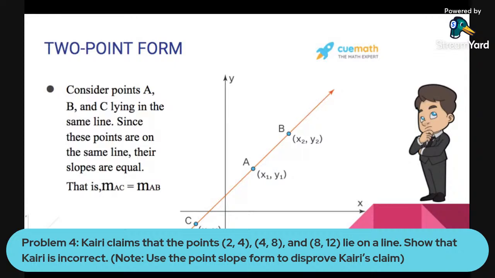Now, for you to prove or derive the two-point form, just take note that the slope of segment AC is equal to the slope of segment AB. Okay? Kasi nasa isang linya lang naman sila, nasa isang line lang yung tatlong points na yan.